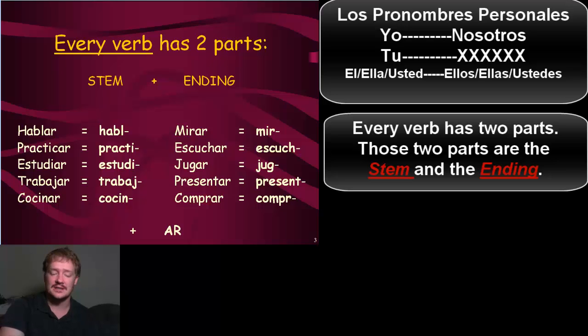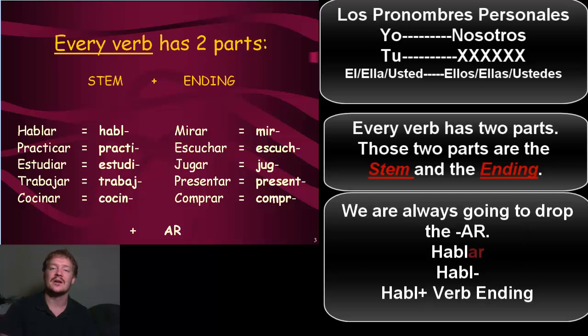If we were to just say the stems, which are just the beginning of every single verb without the AR, we would have habl, practic, estudi, trabaj, cocin, mir, escuch, jug, present, and compr. Notice how every time we drop that AR. Now, when we subtract this AR from the word, we're going to add another part to the word.